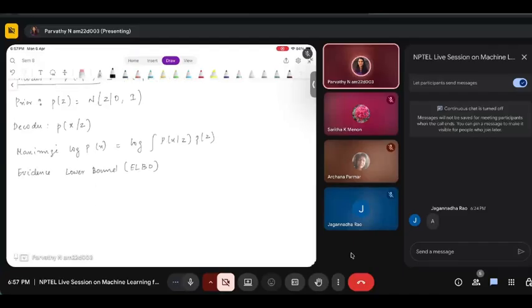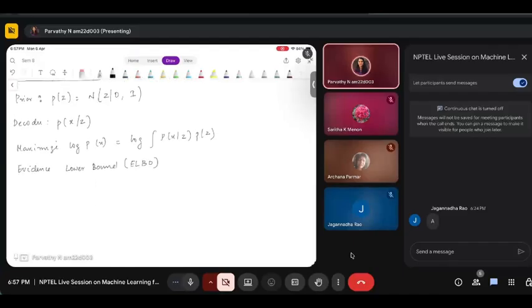So here they say log of p of x is greater than or equal to the expectation of q of z given x into p of x given z, minus KL of q of z given x and p of z.